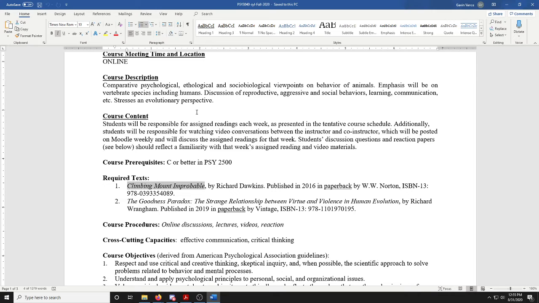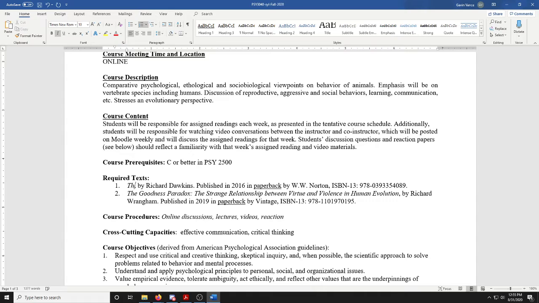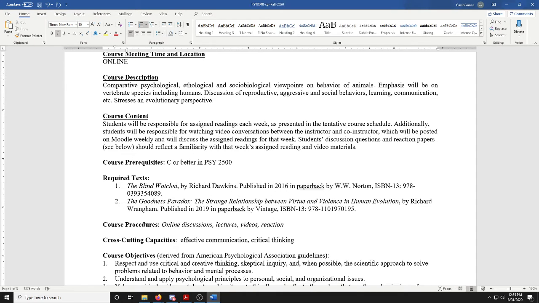Hey, Todd, can you check your syllabus? Because the one I have still says Climbing Mountain Improbable, and I just wanted to make sure that the one we uploaded to Moodle says The Blind Watchmaker. Well, the one I printed says The Blind Watchmaker. Okay. You want to check online to make sure? Yeah, let me check real quick. Yeah, we've used different books.